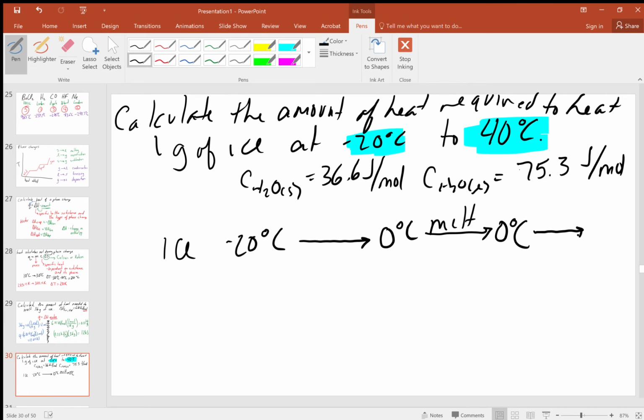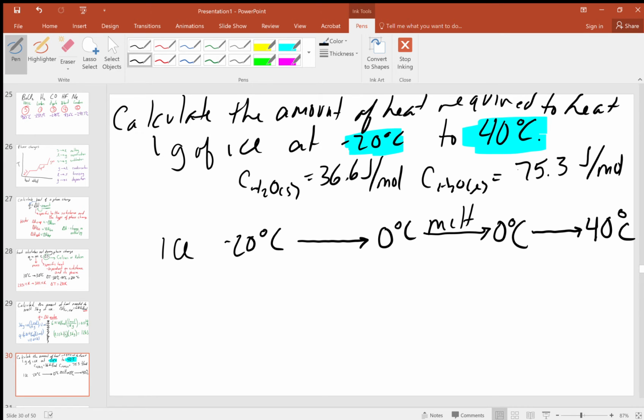Once it's fully melted, then it can be heated up to 40 degrees Celsius. But realistically, this is a 3-part problem. So we have to calculate 3 different Q values, and just for simplicity, we'll refer to them as Q1, Q2, and Q3.